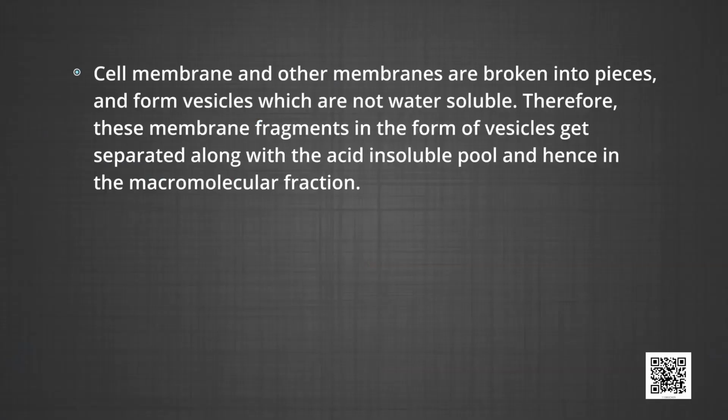When we grind a tissue, we are disrupting the cell structure. The cell membrane and other membranes are broken into pieces and these form vesicles which are not water soluble. Therefore, these membrane fragments in the form of vesicles get separated along with the acid insoluble pool and hence are in the macromolecular fraction.